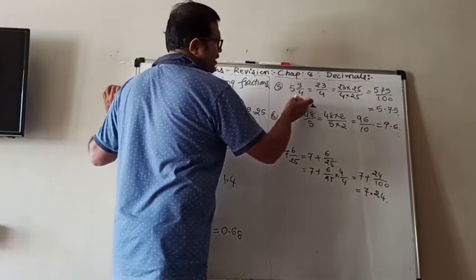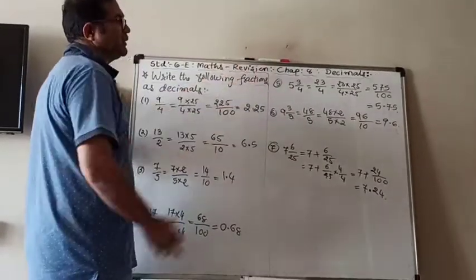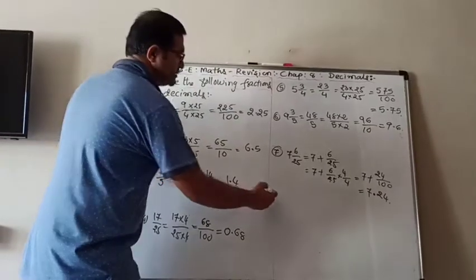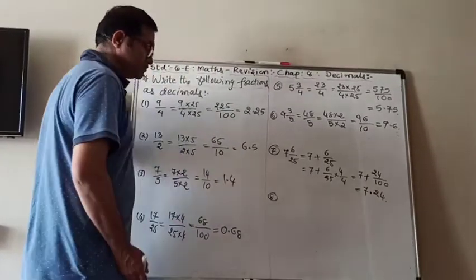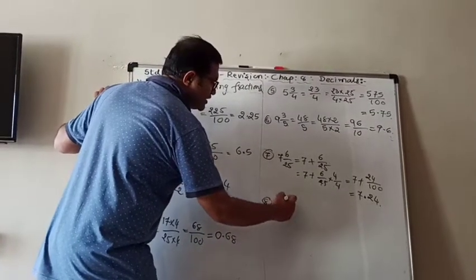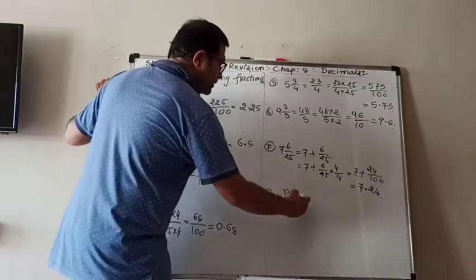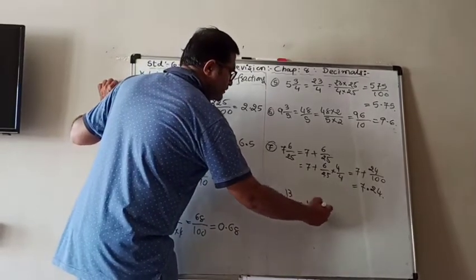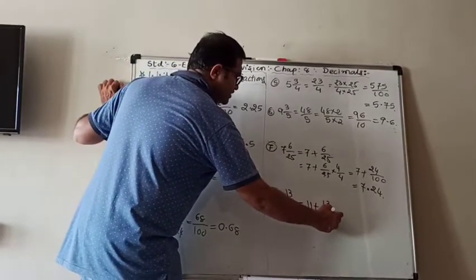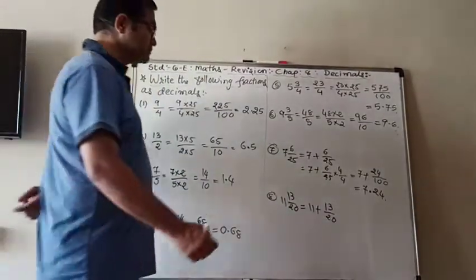5 plus 3 upon 4, and only 3 upon 4 should be multiplied by 25 upon 25. So fewer calculations will be there. Last also we will do it like that. 11 integer 13 upon 20. So now we will separate them. 11 plus 13 upon 20. Now 20 5s are 100.